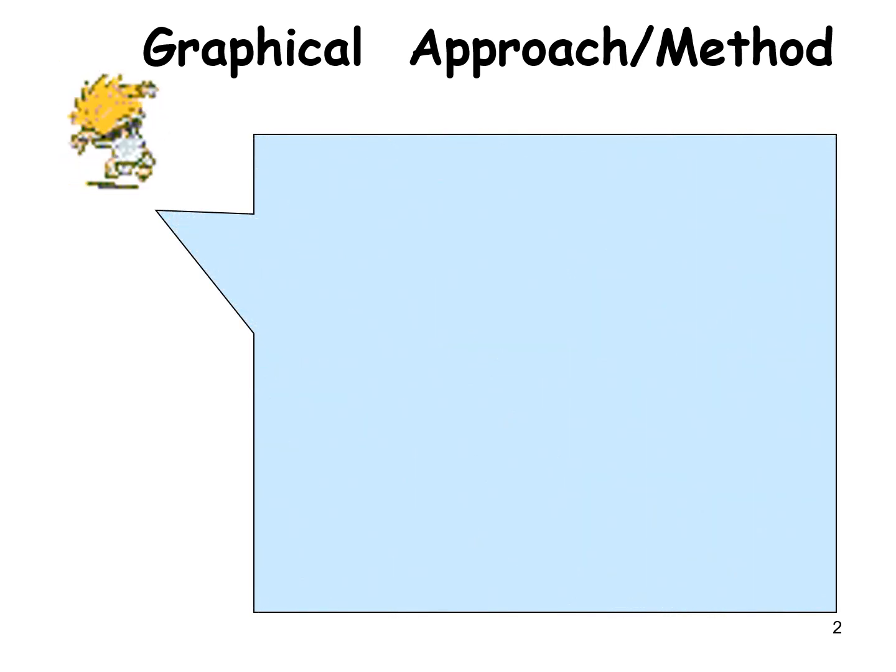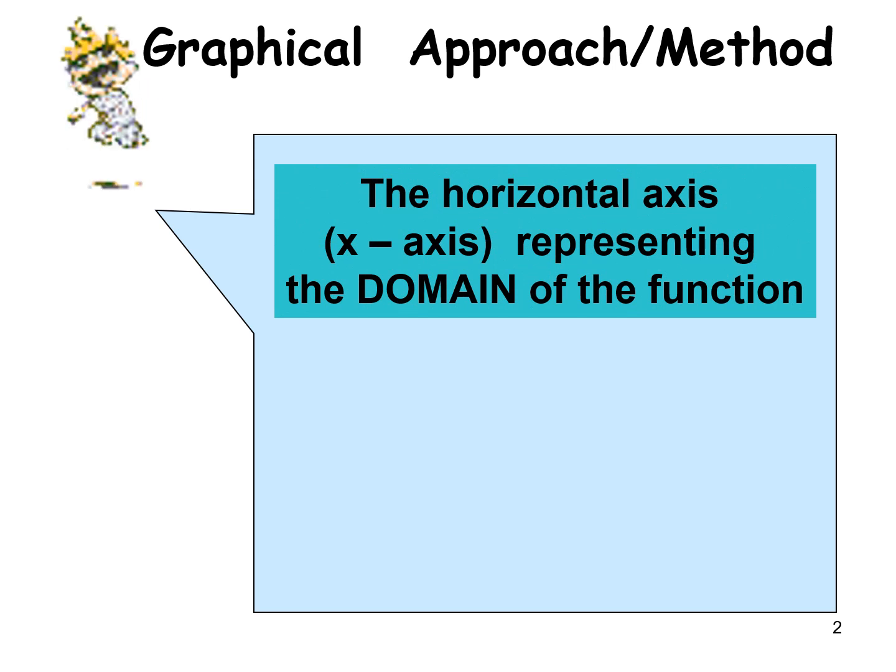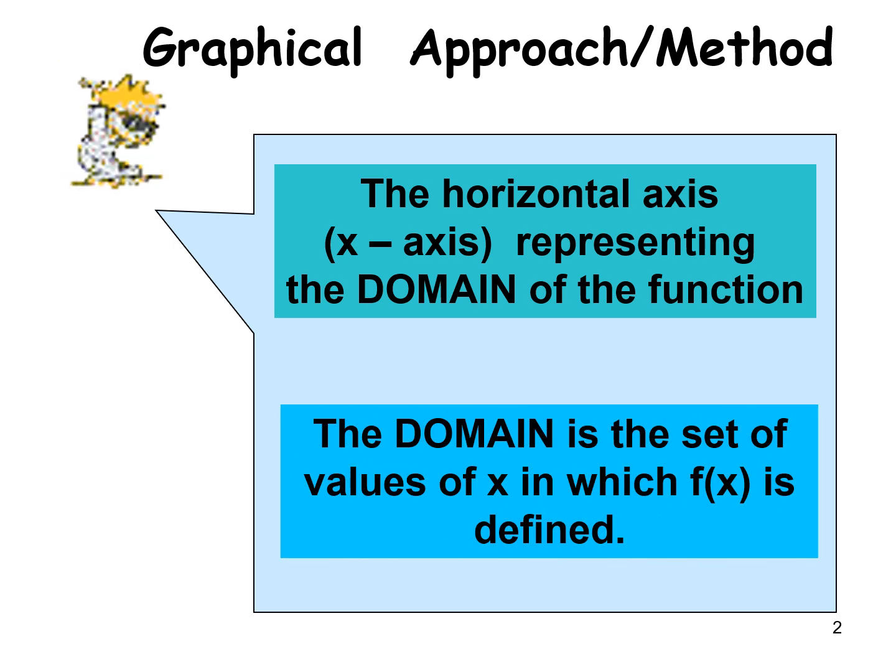For the graphical approach, first I would like to state what the domain is. The horizontal axis, the x-axis, represents the domain of the function, and the definition of domain is the set of the values of x in which f(x) is defined.